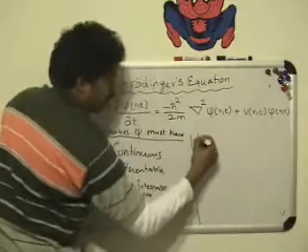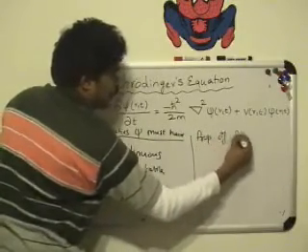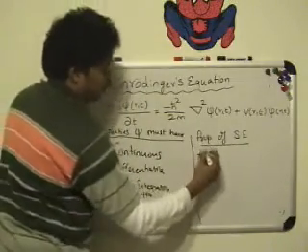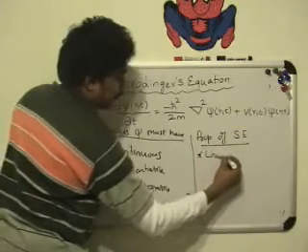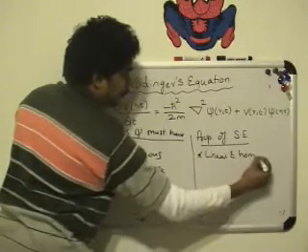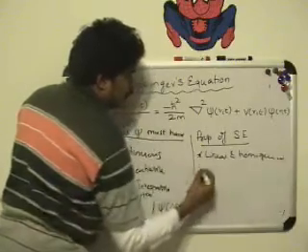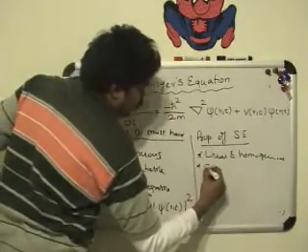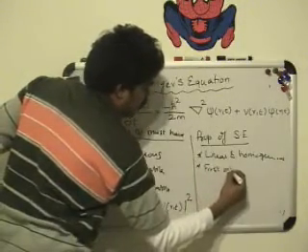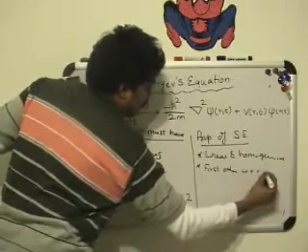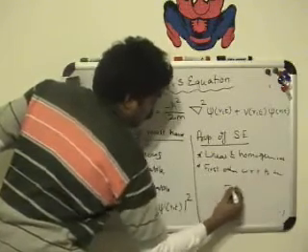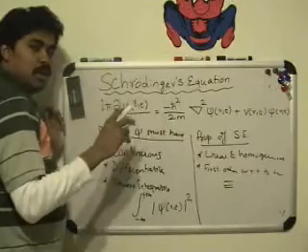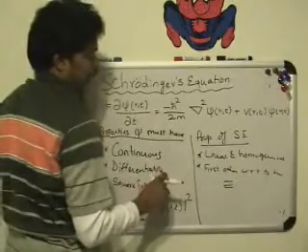So these are the properties of Schrodinger's equation. The first one is, Schrodinger's equation must be linear and homogeneous. The second one is, it's first order with respect to time, which is equivalent to the second law of motion from Newton in classical mechanics.